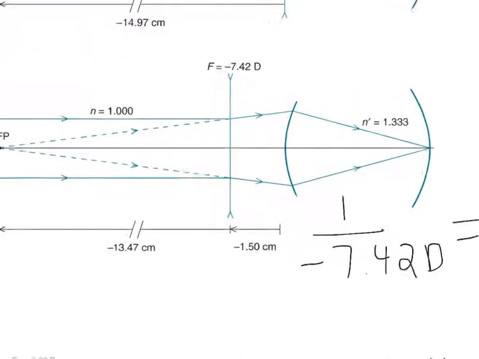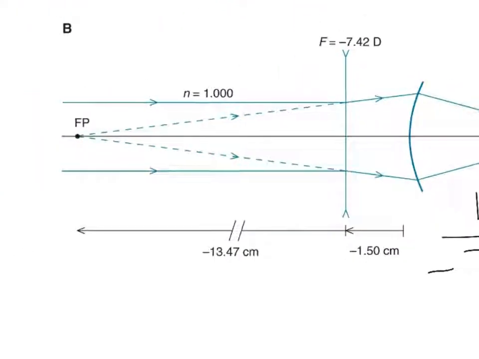The 13.47 centimeters is the distance between the eyeglasses over here and the far point over here. The negative sign indicates that the distance is to the left. So it means that the far point is to the left of the glasses. If this was positive, then the far point would be to the right of the glasses.